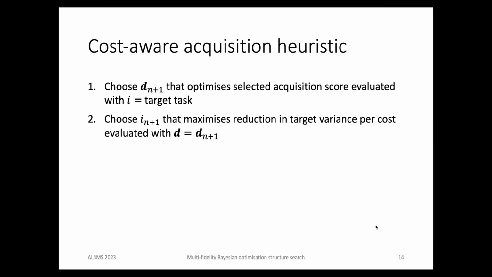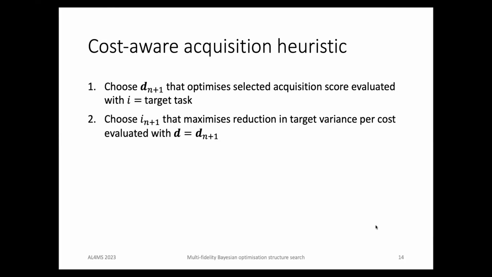And in this study, we used this simple two-step process where we first choose the rotations by fixing the task to the task that we want to minimize, and using the ELCB scores from the previous slide to choose the rotations.